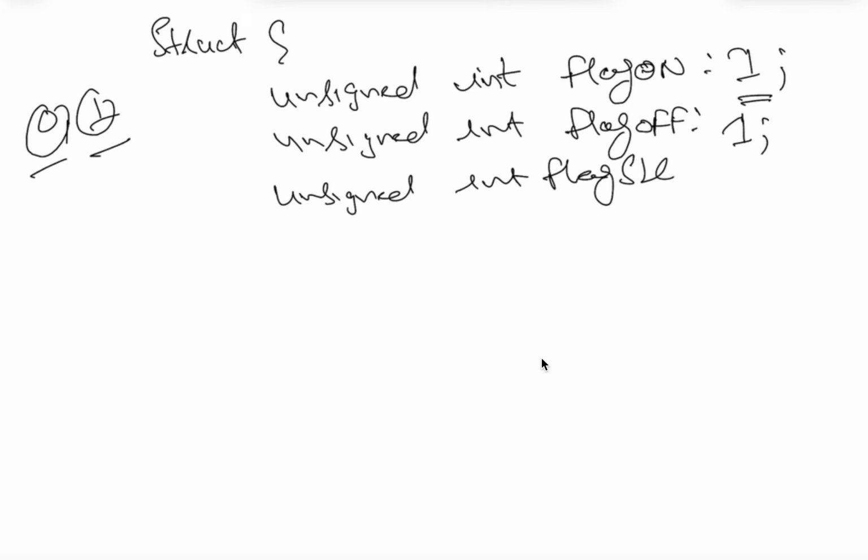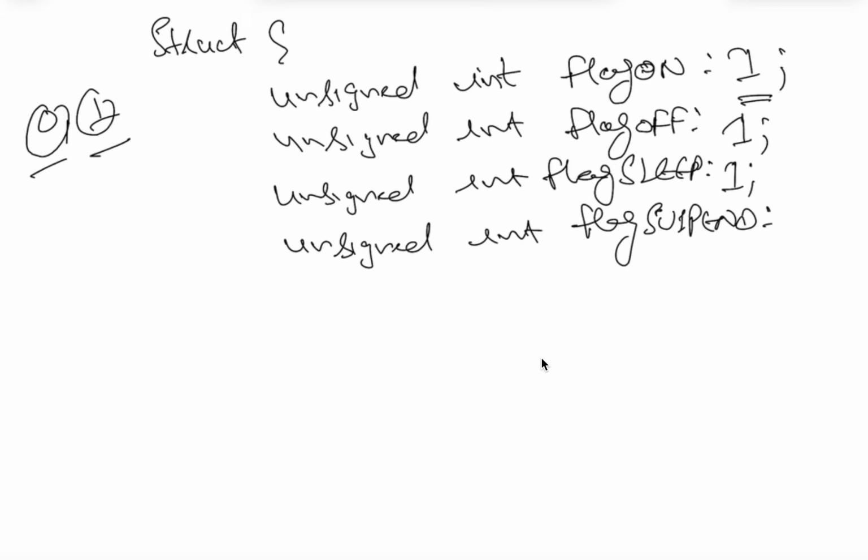For sleep also, you are using a single bit. In the same way, you will have the suspend state, which also will use a single bit. So now you are representing these four states using only four bit flags.